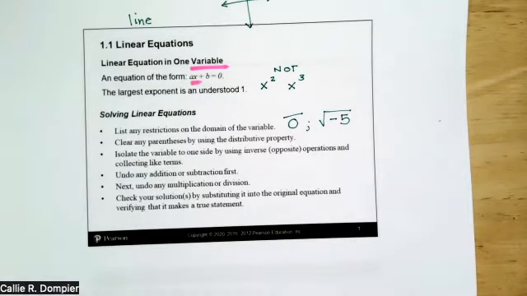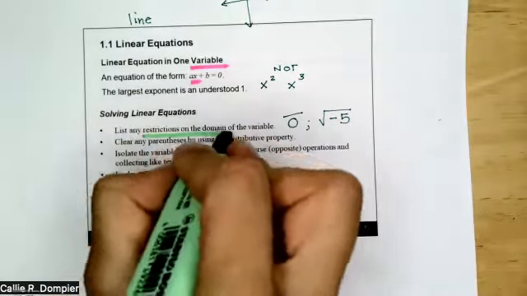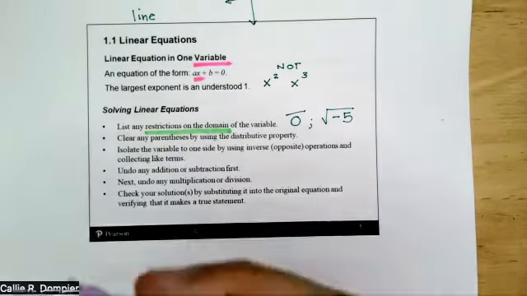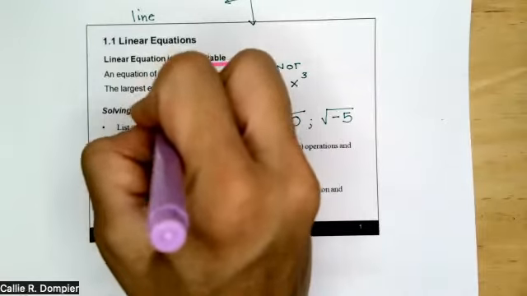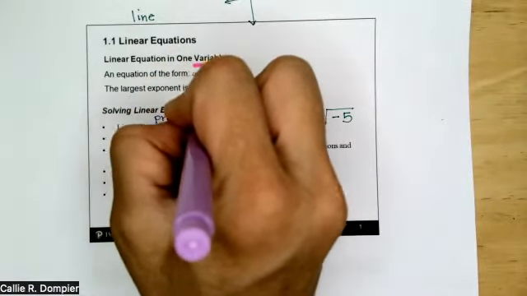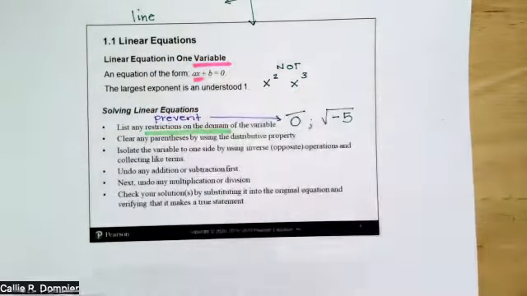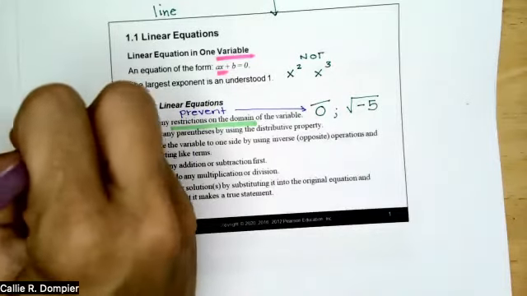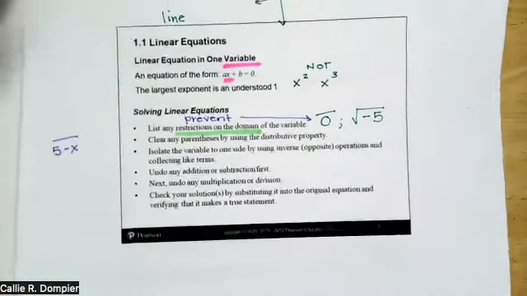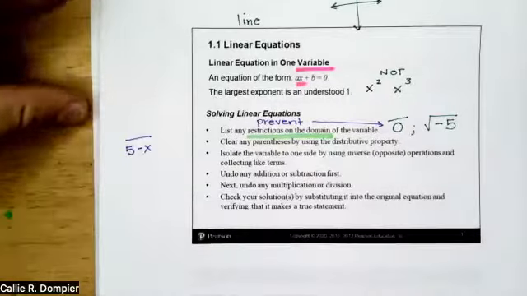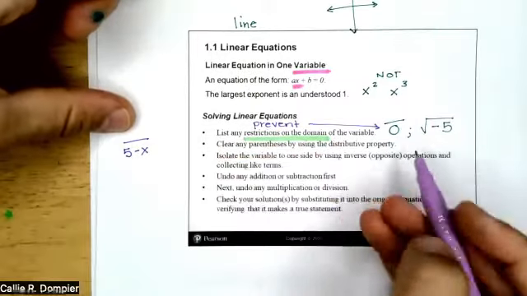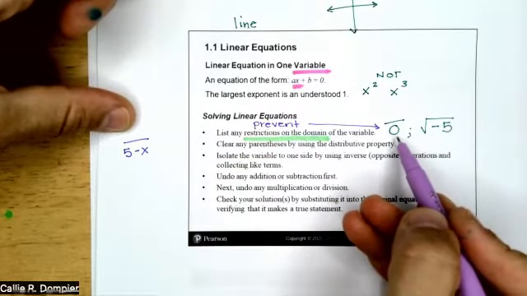Green, like that. Okay, restrictions on the domain is anything that prevents these 2 things from happening, okay? So if you have 5 minus x, for example, as your linear equation, I don't want this to happen.